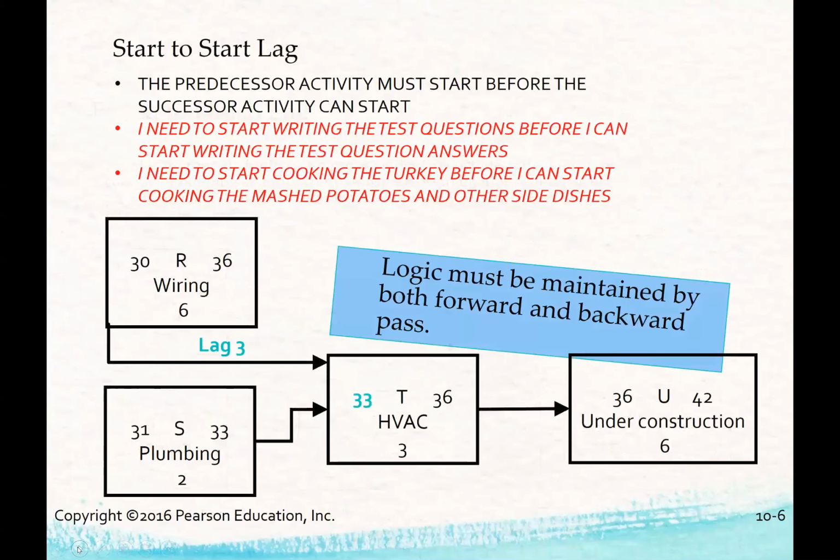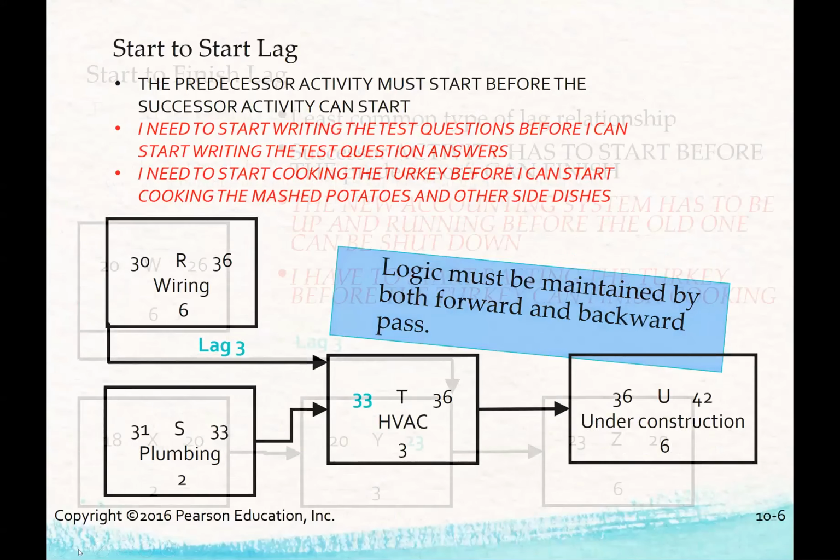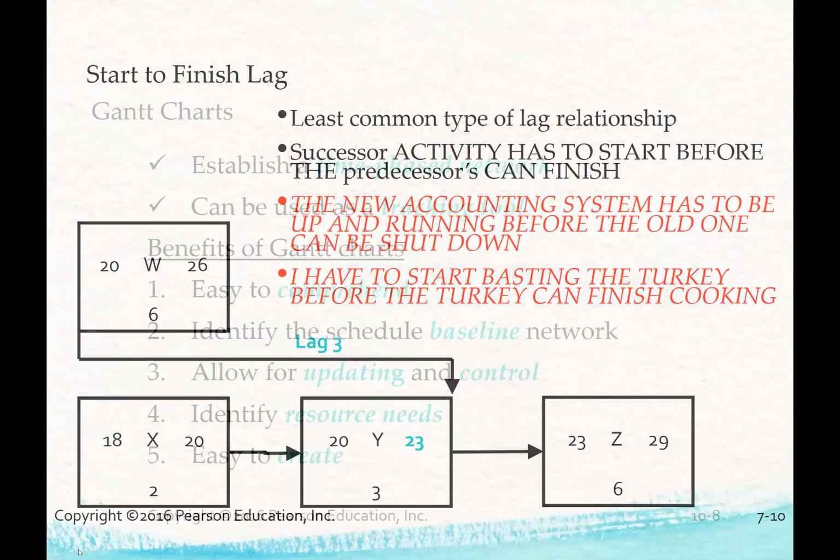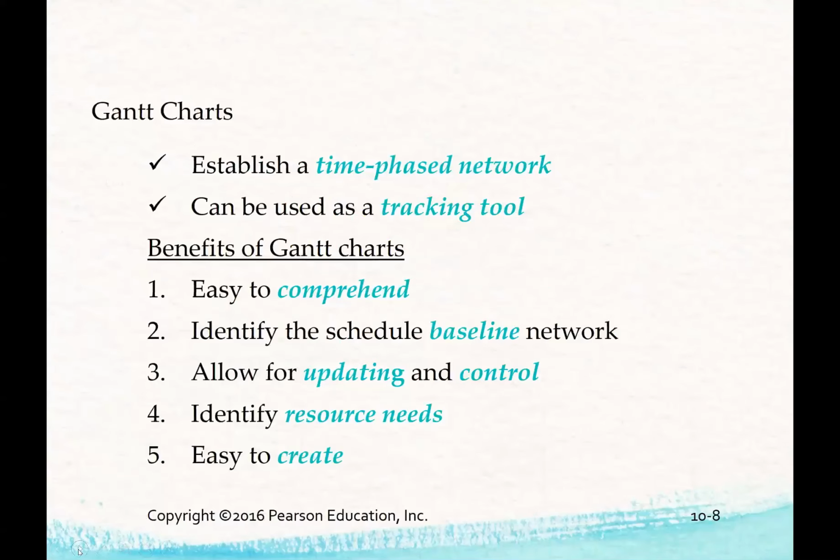This is maintaining the lag as we're going forward and backwards. Really, the most traditional one and the one that is used the most is the finish to start. So you're not really going to be tested on these or having to create any network diagrams using these different types of lags.